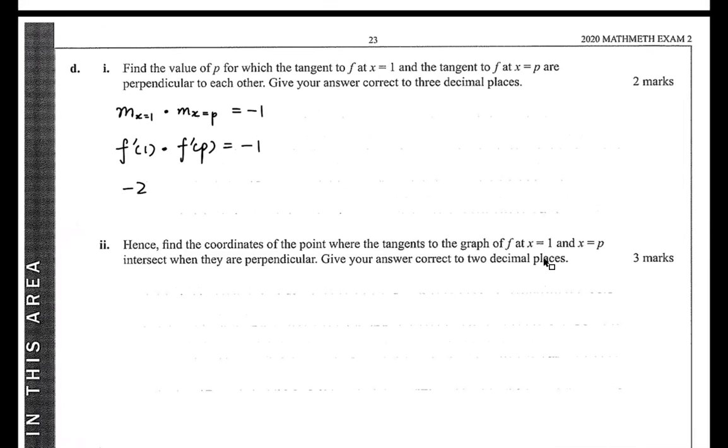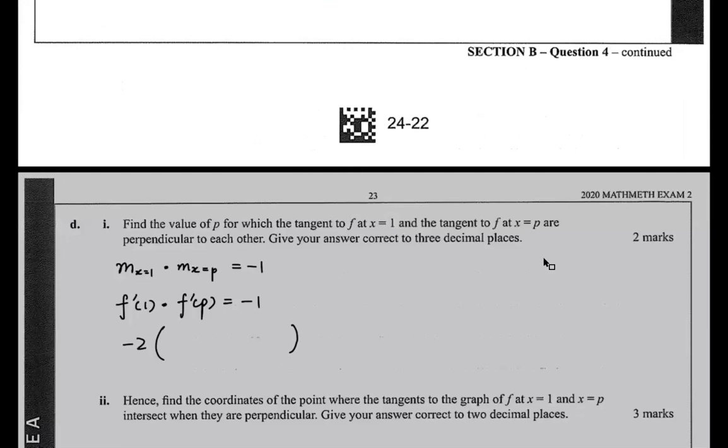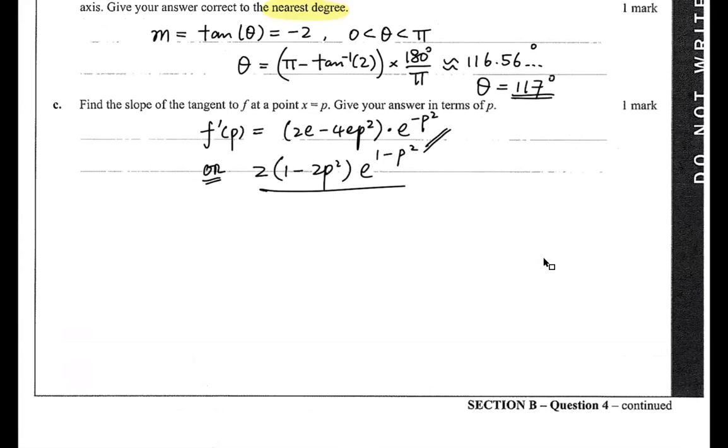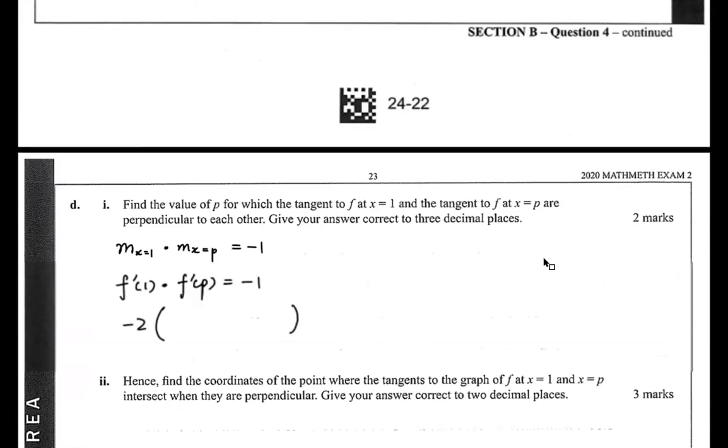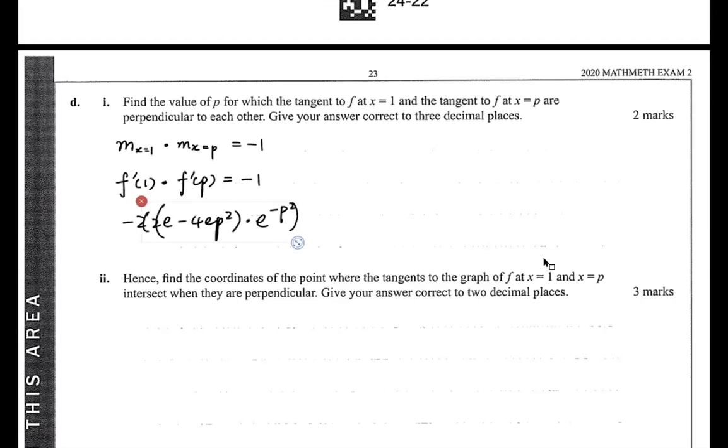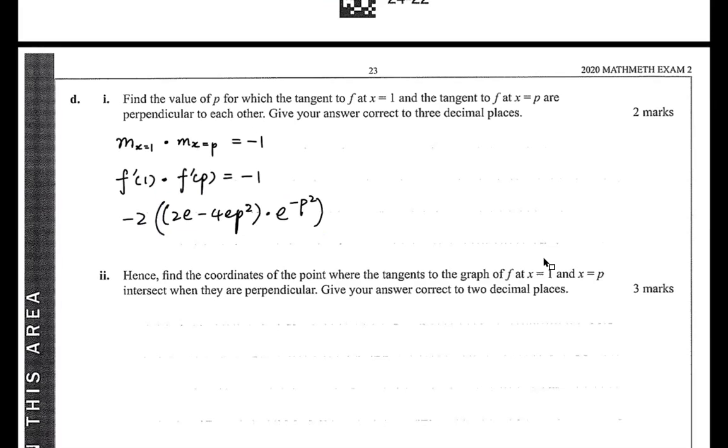So -2 multiplied by your previous answer is equal to -1. Then we solve for p.